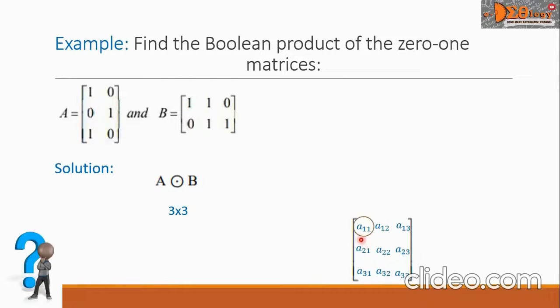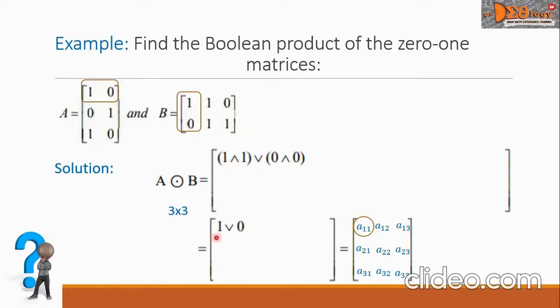Let's begin with the first element, c sub 1,1. We're going to consider the first row of A and the first column of B. So we write 1 and 1, or 0 and 0. When we simplify this, 1 and 1 is 1, and then 0 and 0 is 0. 1 or 0 is 1.